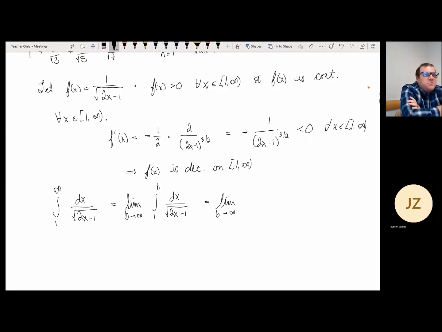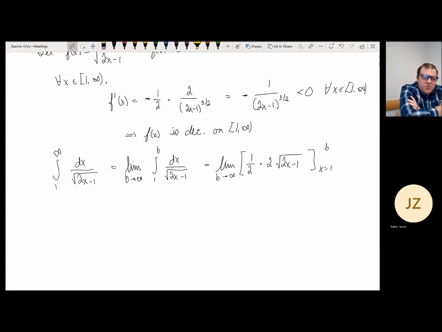The antiderivative of 1 over root 2x minus 1 is going to be a u-sub. Multiply by 1/2, and that's 2 times root u, which is just 2 times root 2x minus 1. Evaluate this from 1 to b.